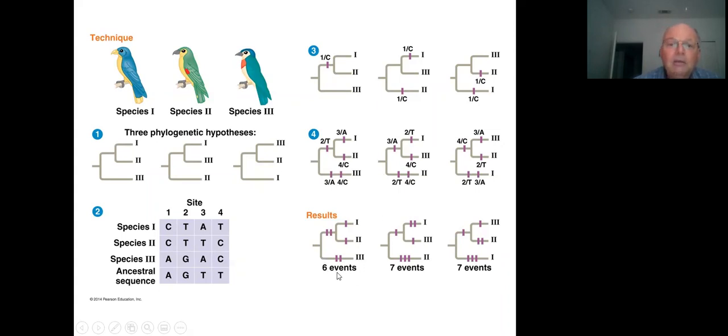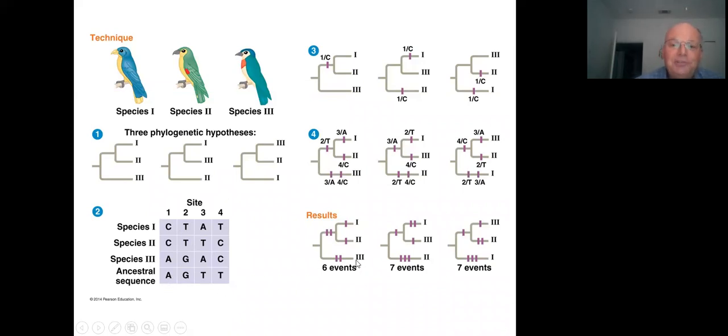And immediately, tree number 1 stands out because it is a simple explanation. 1 and 2, based on the sequence analysis, share 2 of the 4 nucleotides, and species 3 and the ancestral species share 2 of the 4 nucleotide changes.